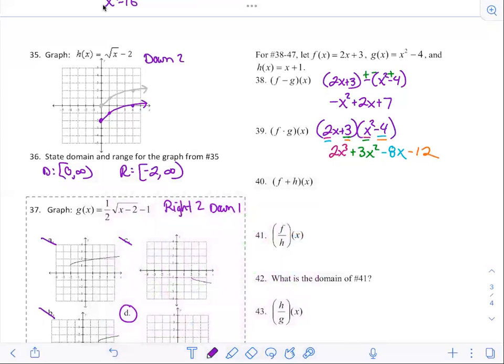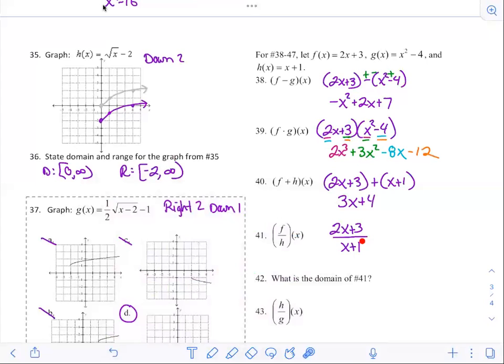F plus h, we're going to go 2x plus 3 plus x plus 1. Here we're just combining like terms, so we have 3x plus 4. For division, we're going to take 2x plus 3. We're going to divide x plus 1. That's as far as you can take that. We can't simplify it any further, but 42 is asking for the domain.